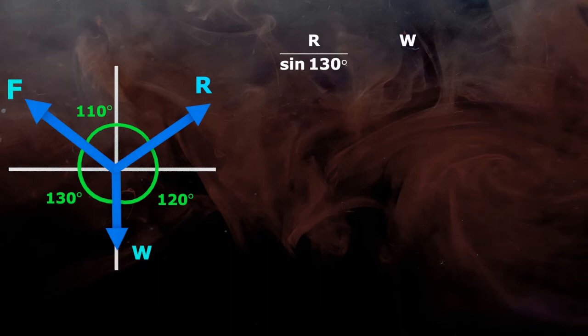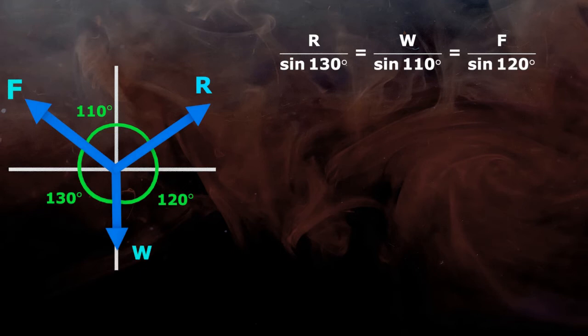Second force is W and it is divided by sine of angle between F and R, that is sine 110 degrees. And third force is F and it is divided by sine of angle between R and W, that is sine 120. Then all these divisions are equal.